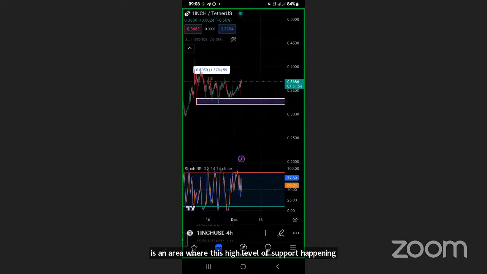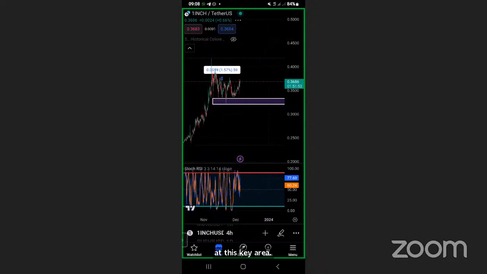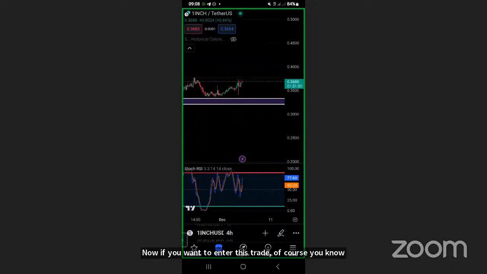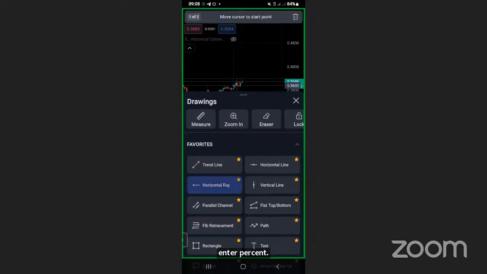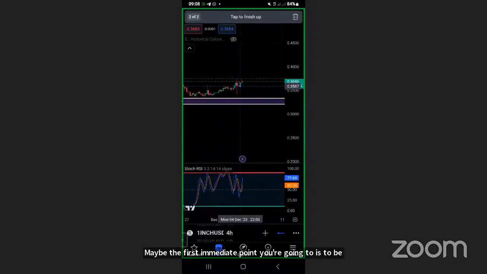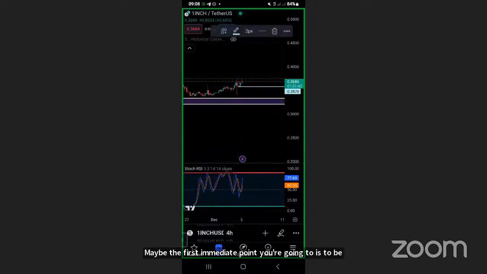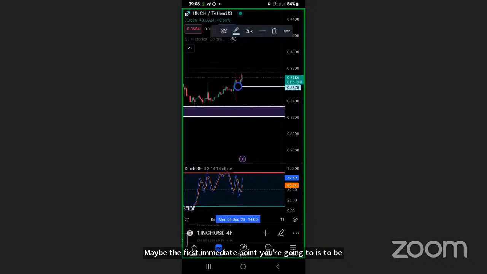Now, if you want to enter this trade, the first immediate point you're going to establish as your entry point will be this nearest support line or support area, right?